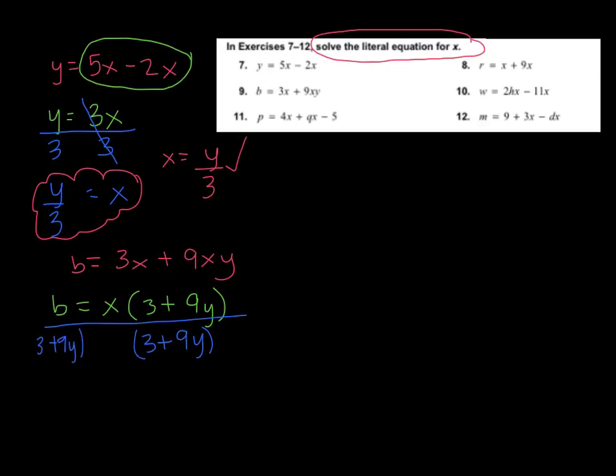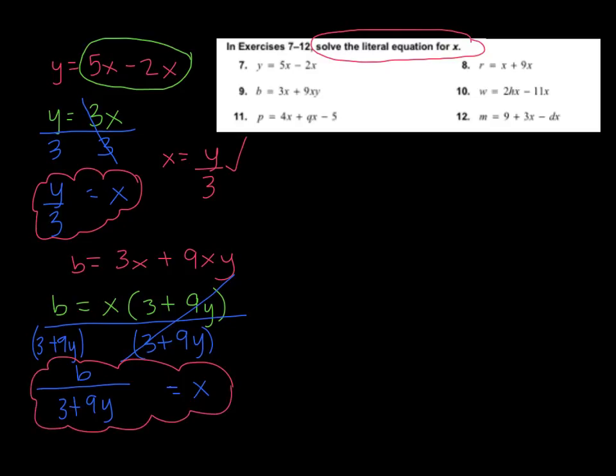Now remember, anything divided by itself, even a binomial, makes 1. So now I've got x all by itself on one side, and on the other side I have b divided by 3 plus 9y. And this would be my final answer now that I've got x all by itself. Okay, so that was 9.